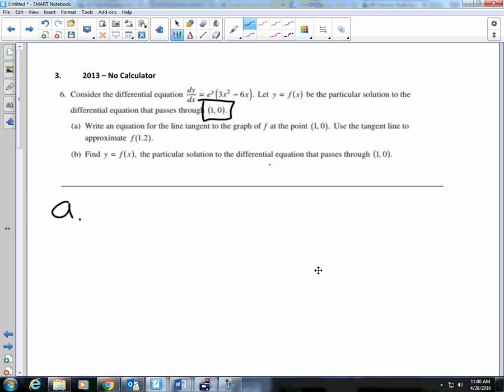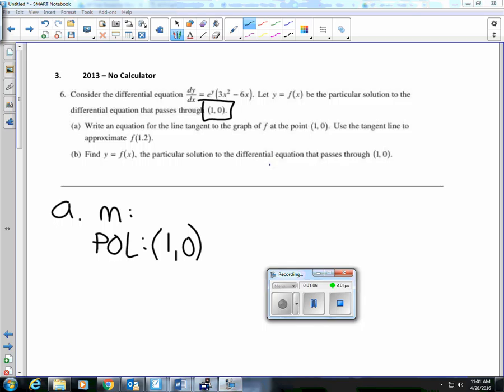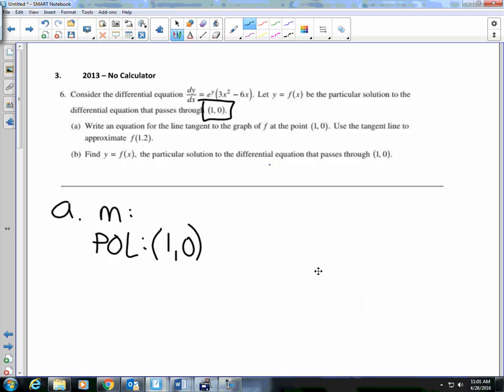What is my goal? What am I trying to do? Create a line. So I need slope and a point on the line. How do I determine slope? Am I given the original function or the derivative?